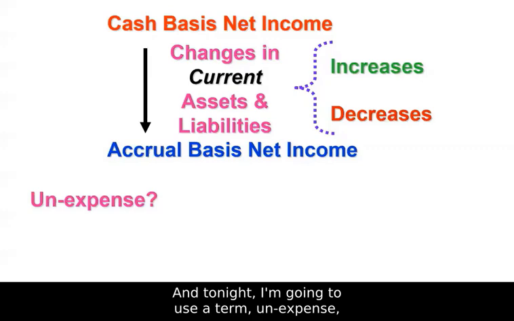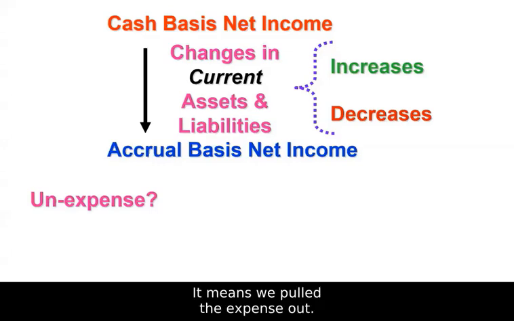And tonight, I'm going to use a term, unexpense, that I made up years ago and which we will be using. Unexpense means we treat net income as though an expense was not recorded. Okay, it means we pulled the expense out.